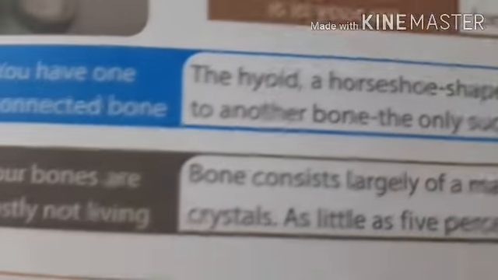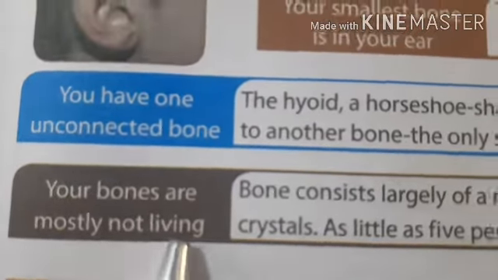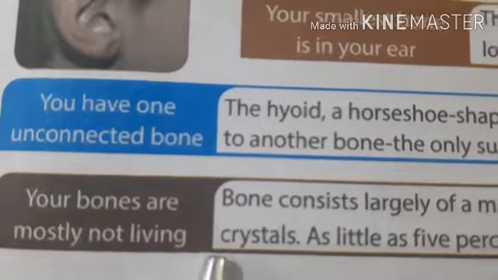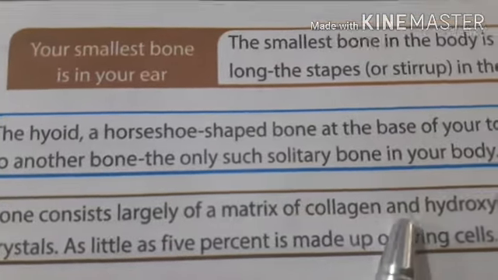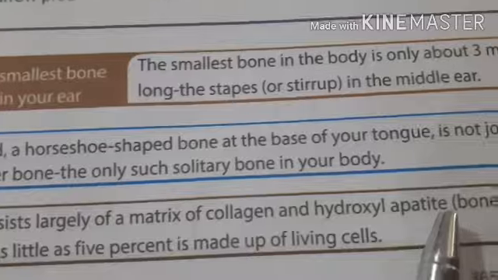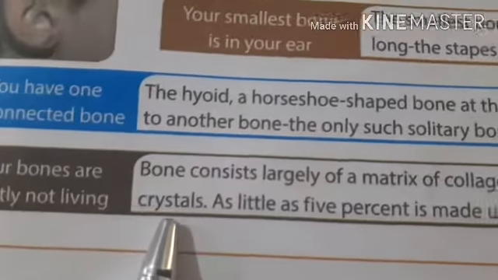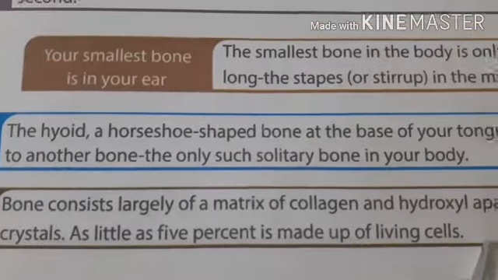Look at the next. Your bones are mostly non-living. Bone consists largely of a matrix of collagen and hydroxyapatite, which are called bone minerals, crystals. As little as 5% is made of living cells.